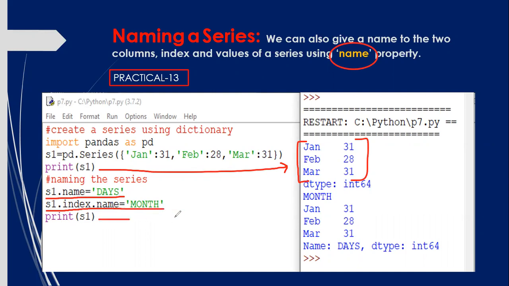If you display it now, see the difference. The index values have got a name, month, and the name of the series is being displayed here, Name: days.